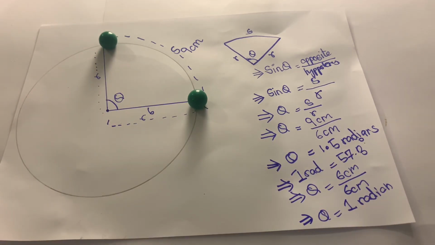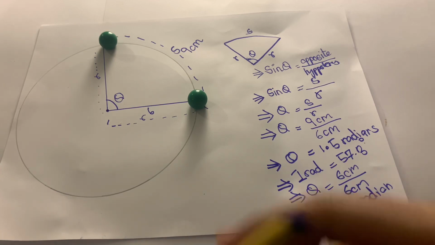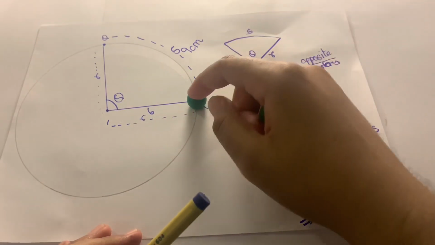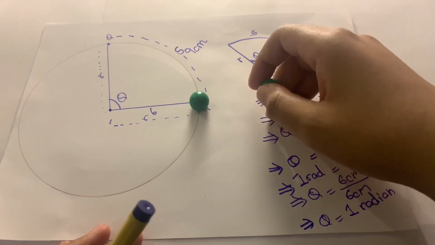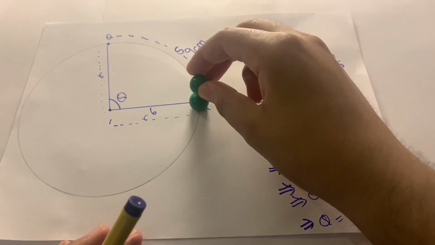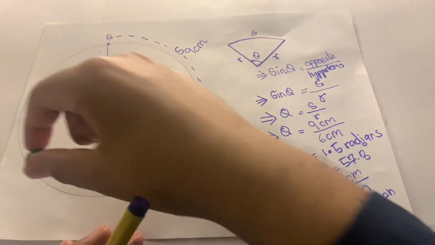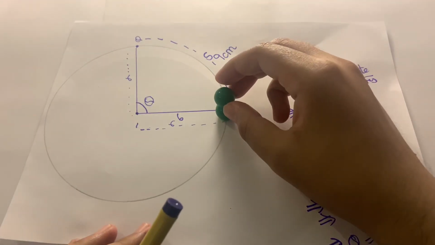That's all for this lecture, but there is one more thing I forgot. Imagine that this object travels all the way through the circle, from this point and back to this point.